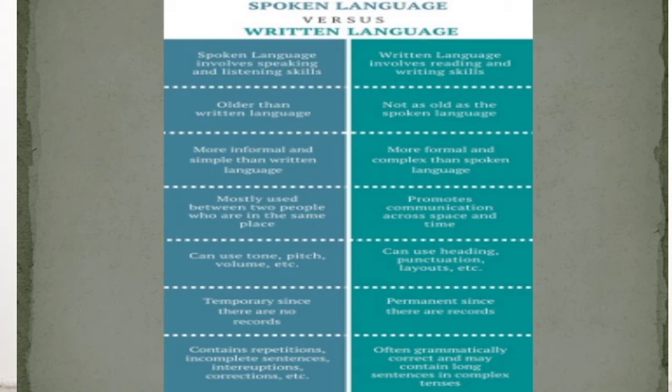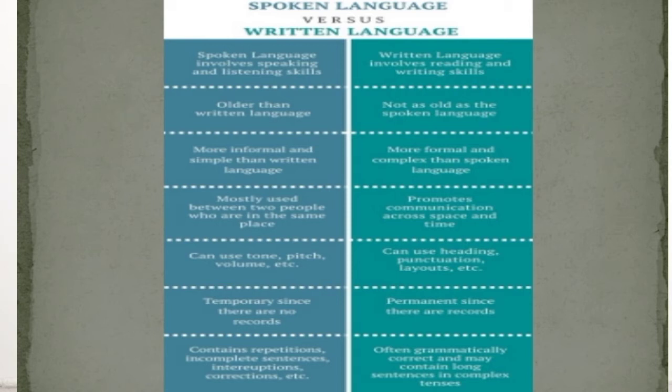Spoken language is less formal and simple, while written language is more formal and complex. Spoken language is mostly used between two people in the same place. Written language promotes communication across time and space.